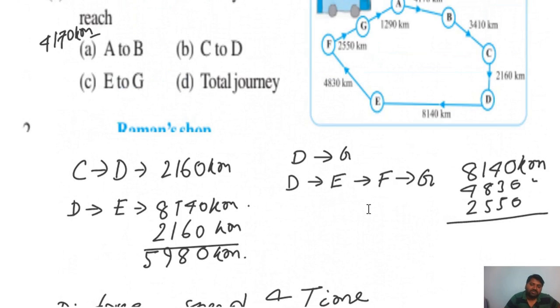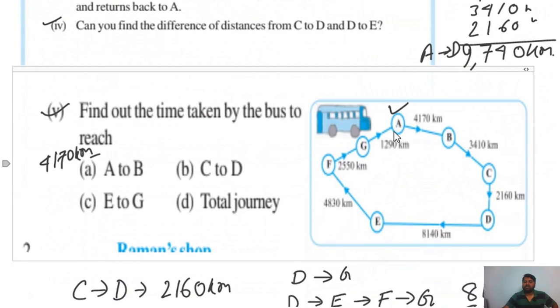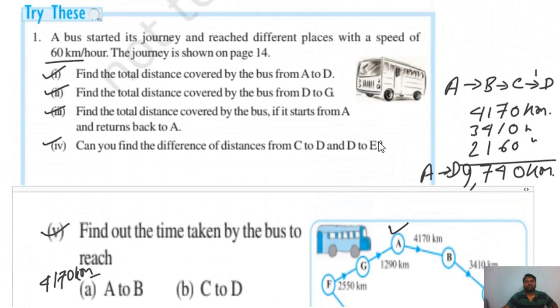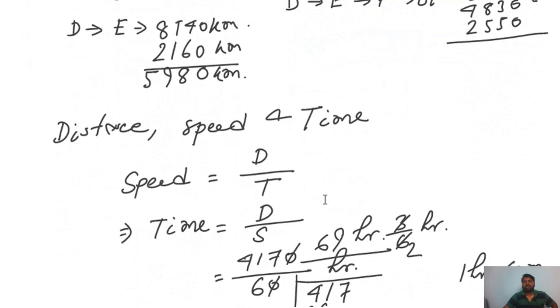On similar basis, for the total journey A to A, we take the total distance covered when it starts from A and returns to A, and we divide the total distance by 60. We get the total time of this journey.